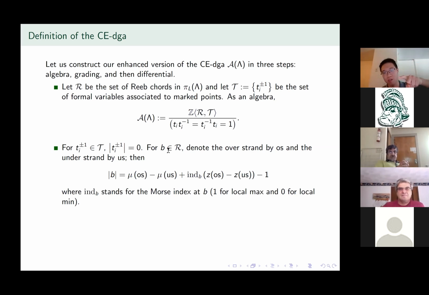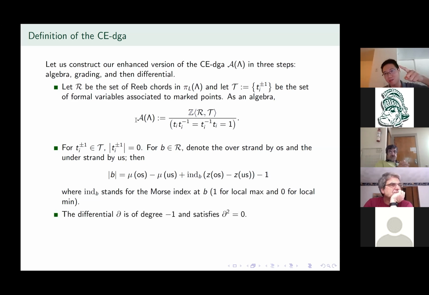So this Reeb chord can always be made into a critical point of the height function. And so the Morse index is basically either 1 or 0, right? If it's a local max, it's 1. If it's a local min, it's 0, right? So if you do Ng's resolution, it's always a local max. So this is always 1. And then at the end, you subtract 1.